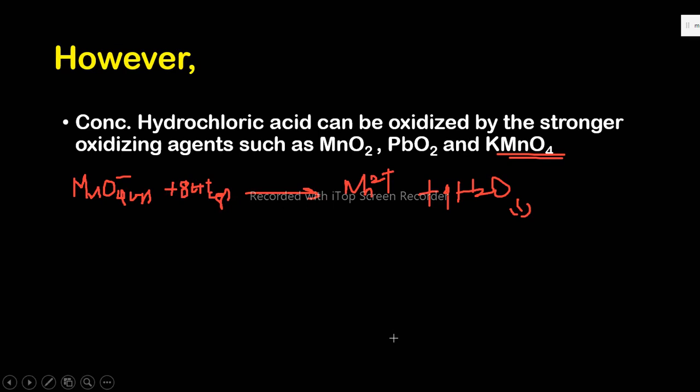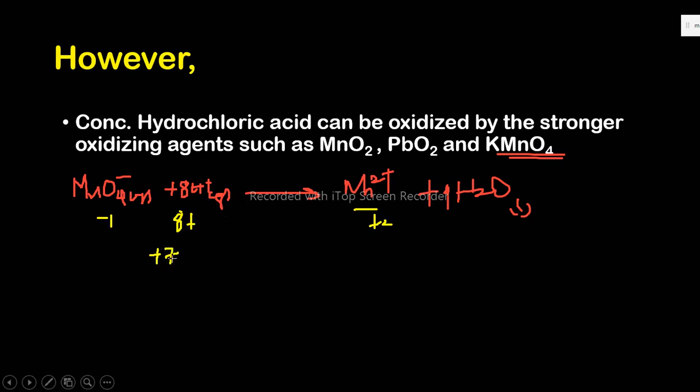Now we need to balance the charge. The equation is balanced, but the charge is not balanced. So you can see we have 2 positives here, and we have 1 minus here and 8 pluses. So how should we balance? So this 1 minus and 8 pluses become plus 7.